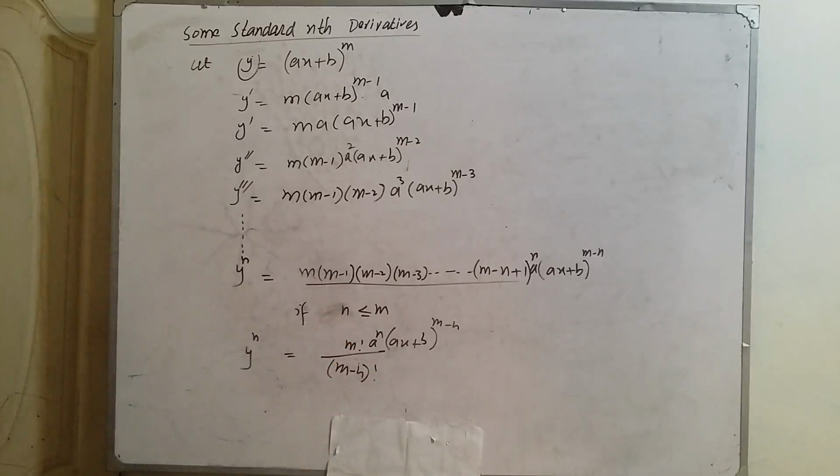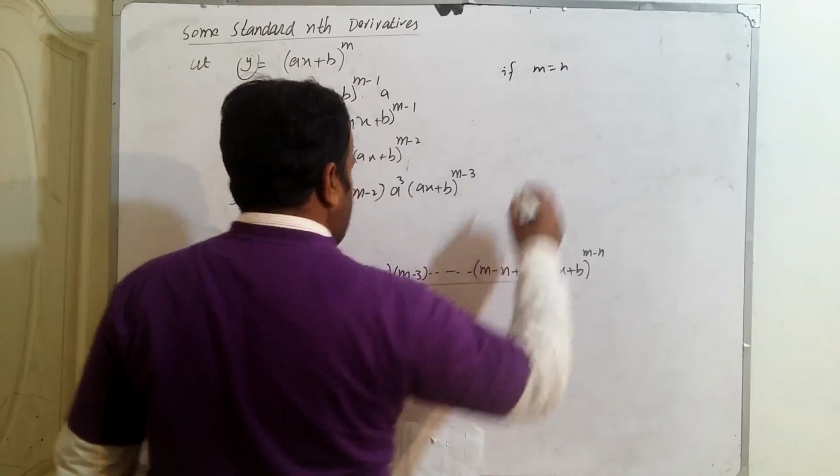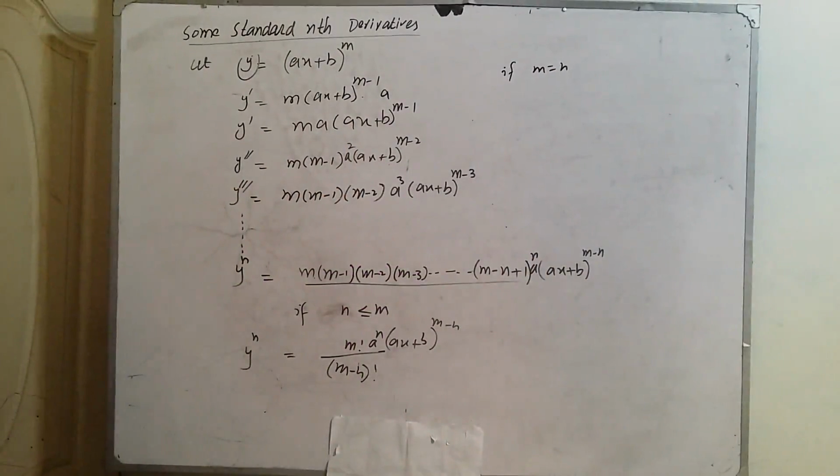Okay, so now we see, if m is equal to n, then what will it be?